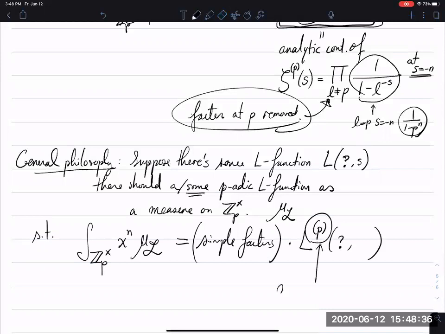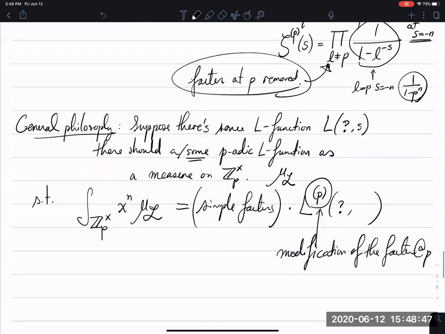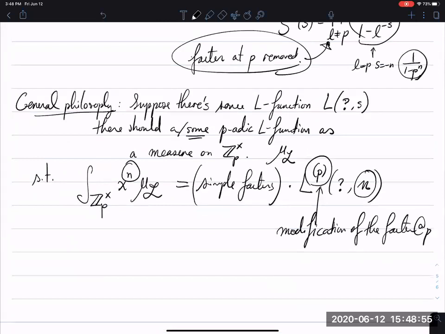You have to make some modification of the factor at p. And also the value here, n, corresponds to the exponent n here. So this is the general philosophy.